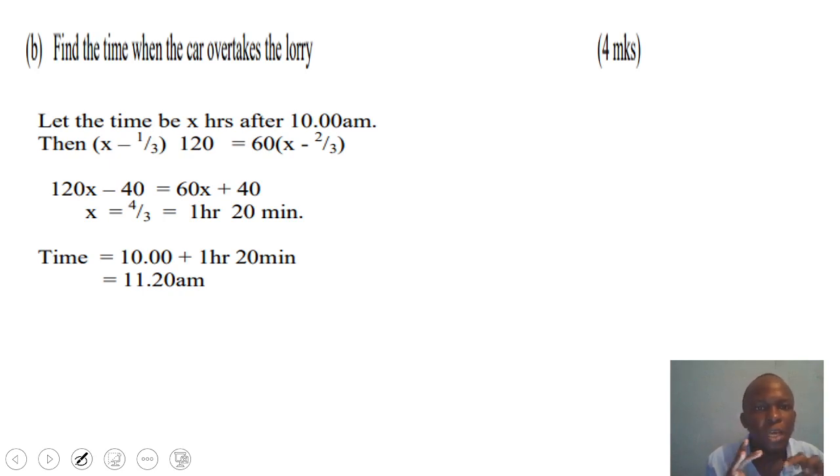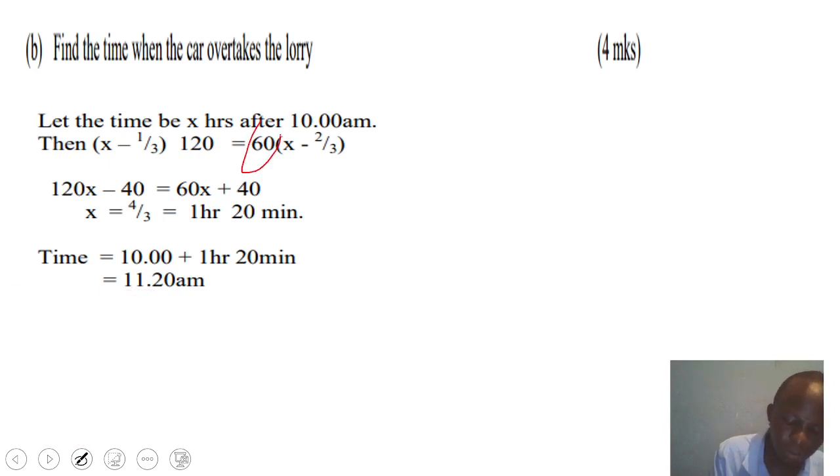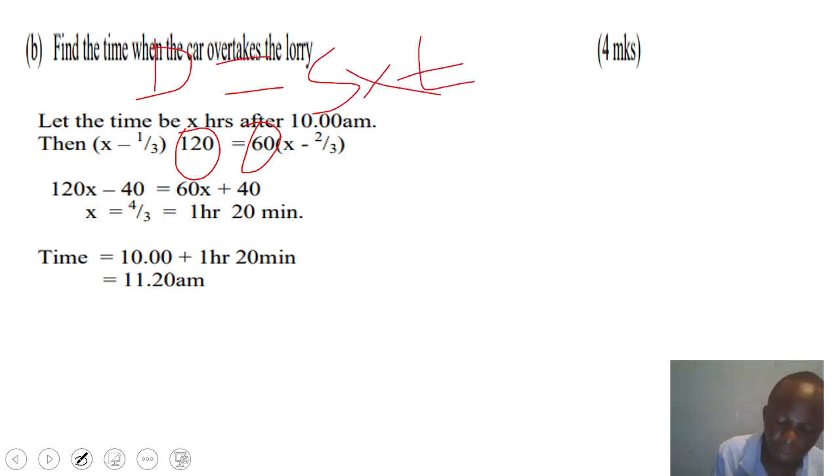Now, for them to overtake the other, we have to multiply the overtaking time with the speeds. Now these are the speeds. Distance is equal to speed times time. Now, what are these distances? These are called distance apart.